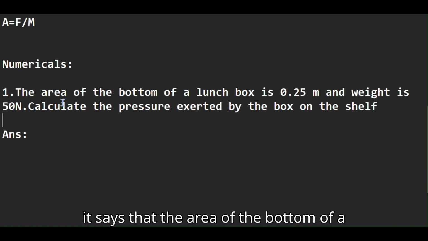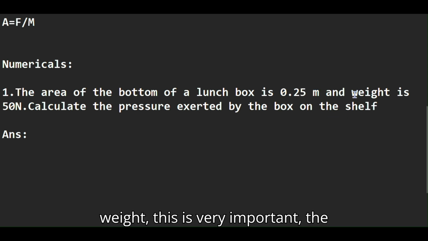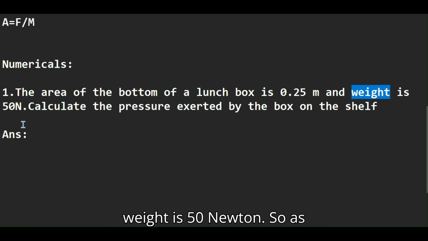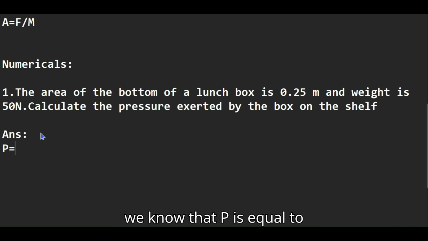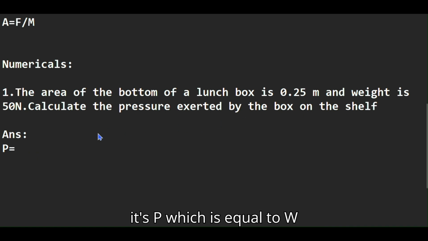As we know, P is equal to F by A, but since it's weight here, we can say that P is equal to W by A, where W is the weight.